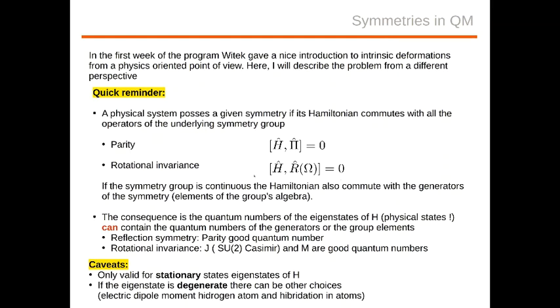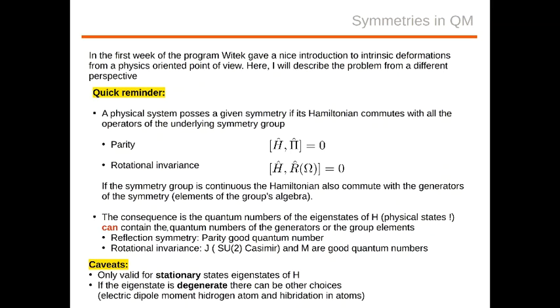In the latter case, as we are dealing with a continuous symmetry, the Hamiltonian also commutes with the generators of the symmetry. In terms of group theory, when we talk about the generators, we are dealing with the algebra of the associated Lie group, right?